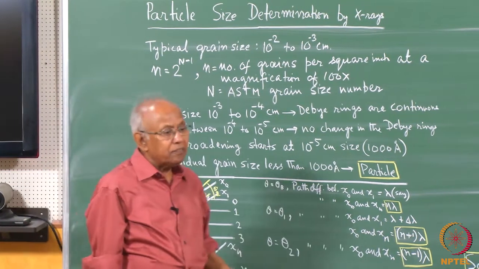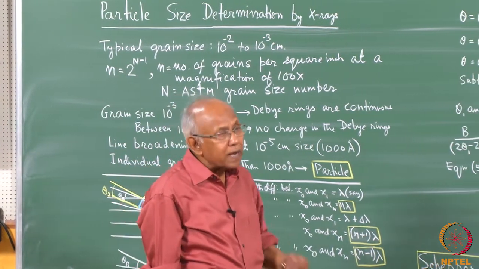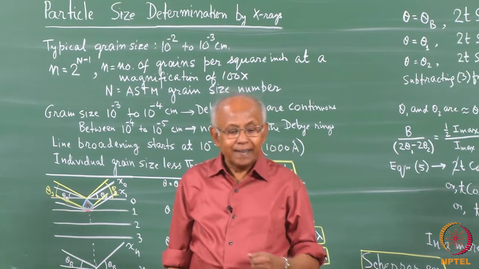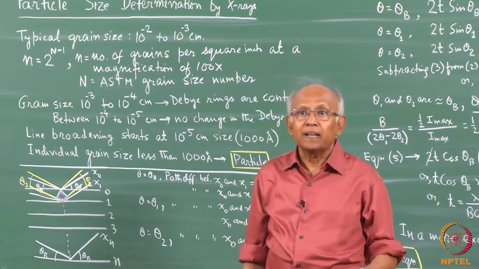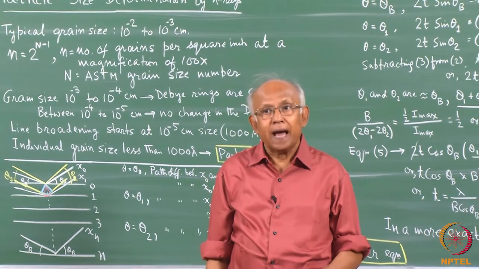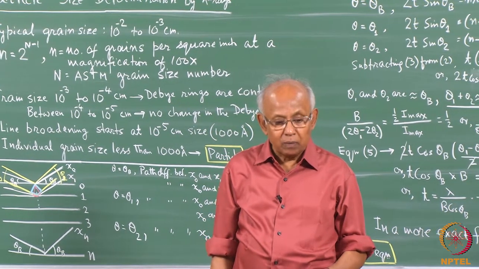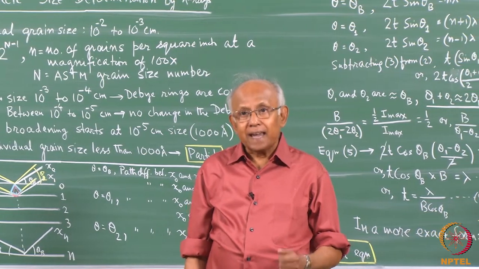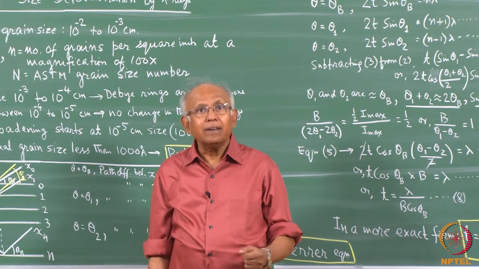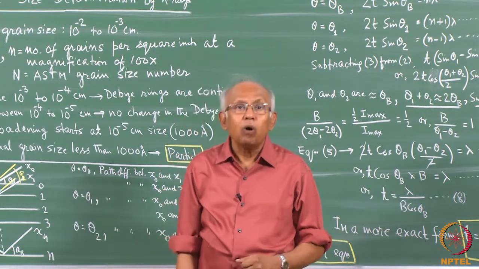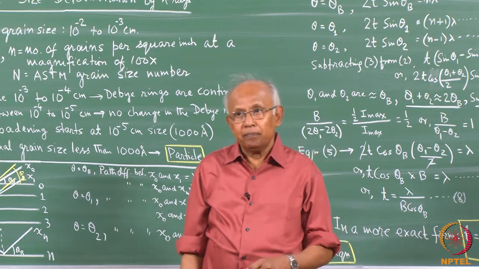So, if as a routine matter it is necessary to find out the grain size of a polycrystalline material from time to time, one of the ways will be to take known grain size materials and take photographs from them.